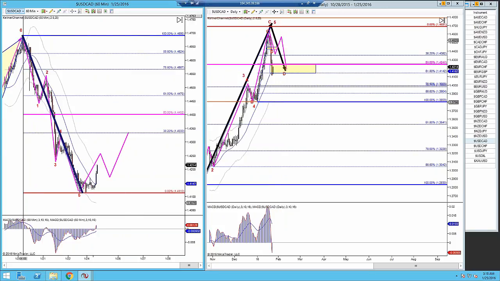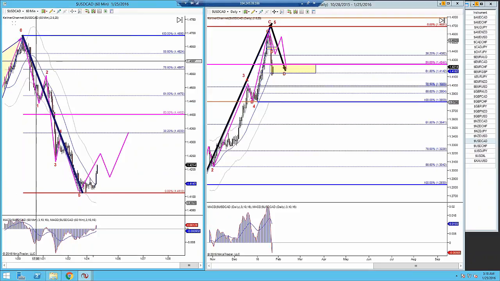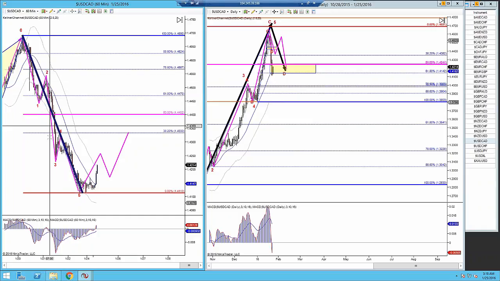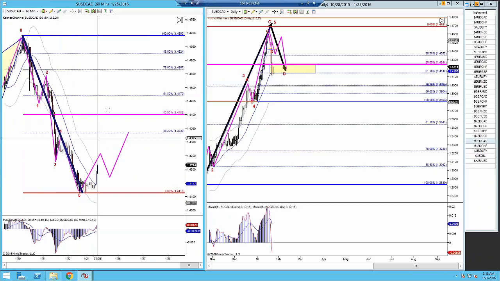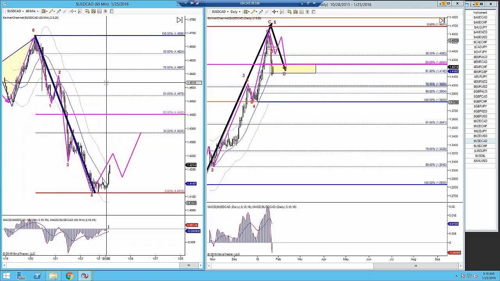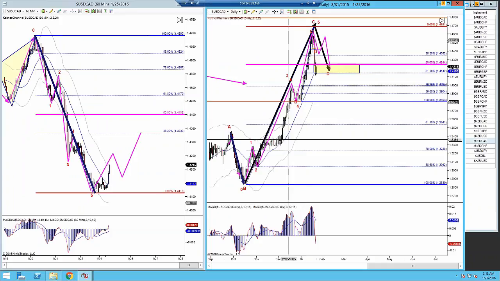So this whole pullback that we were looking at, it happened how? Remember we talked about Elliott wave 0, 1, 2, 3, 4, 5. You guys with me? So that little class we did kind of makes sense: on the upside you had it, and now on the downside.